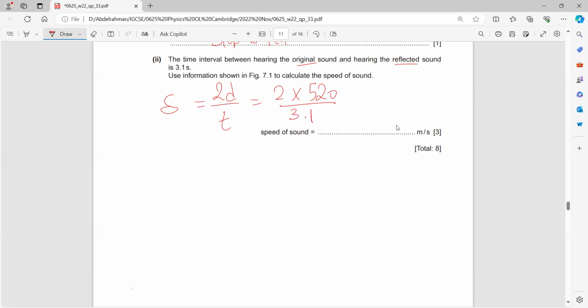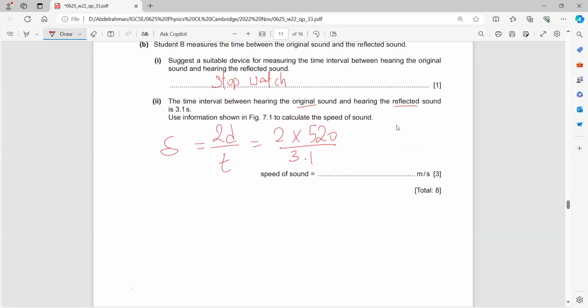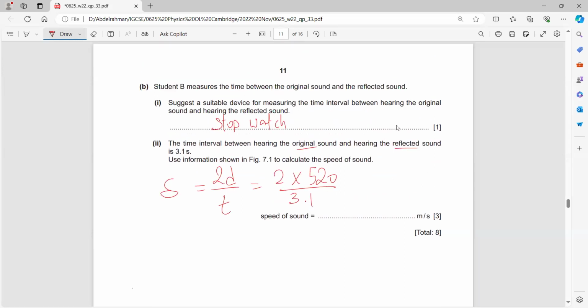Divided by 3.1 seconds. يلا calculate the speed. هيطلع كام؟ 335 meters per second. لا 345. 345 ولا 335؟ 335.